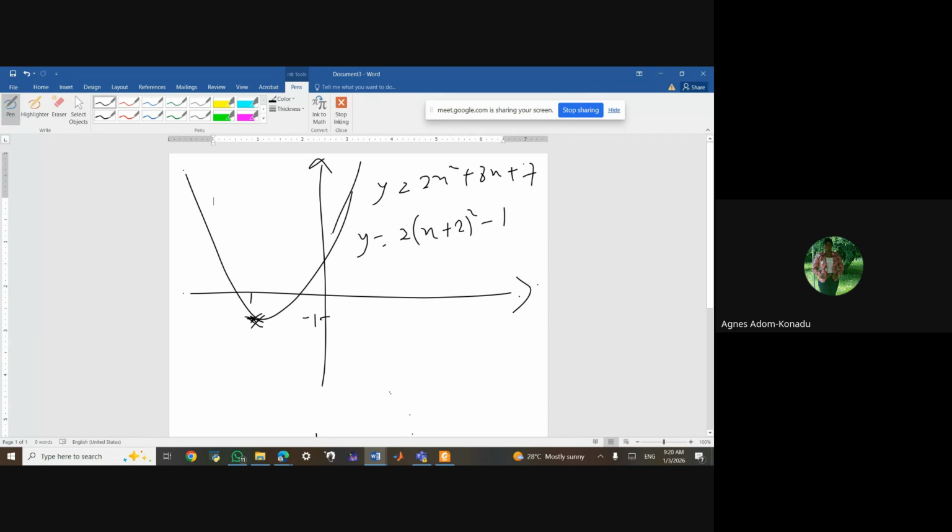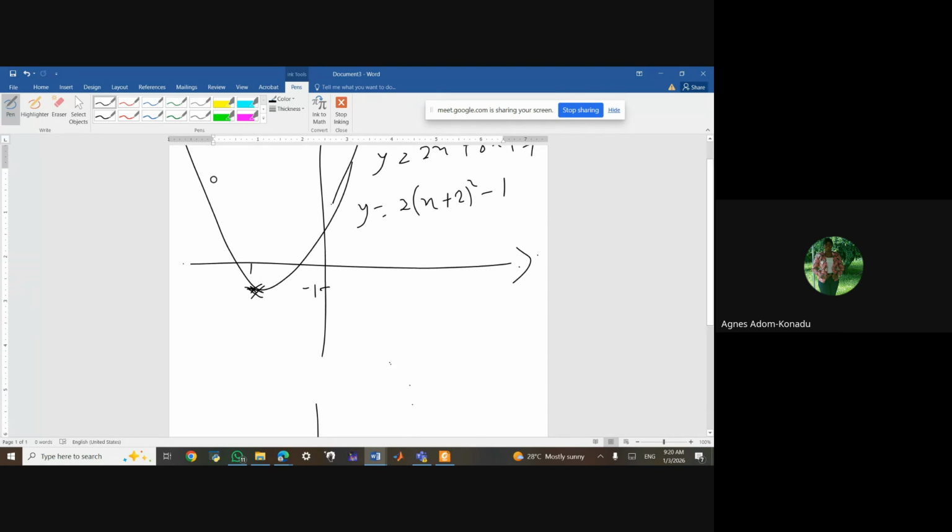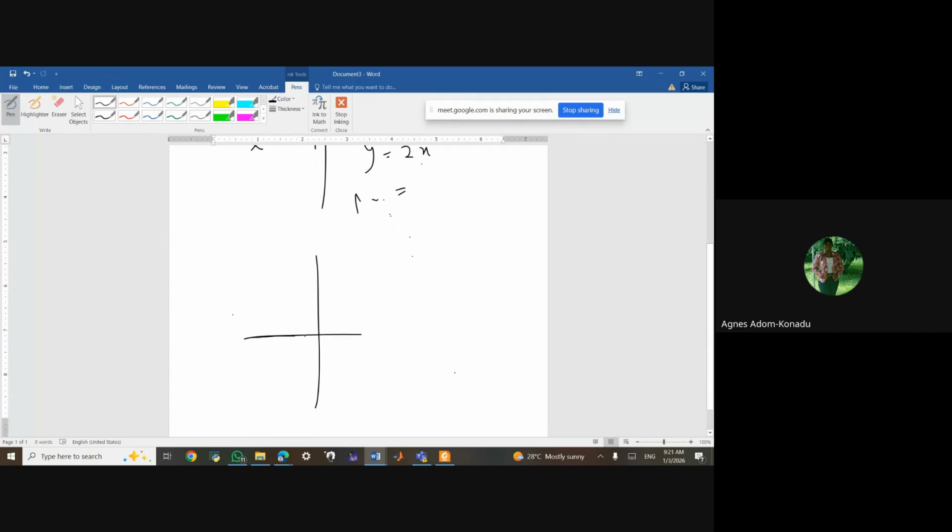So this is the same as this. If I want to compare this one with the graph y is equal to 2x squared, we can see that for the x part, I've added 2, and then I've subtracted 1. So this means that when I look at this graph, we'll get to translation.